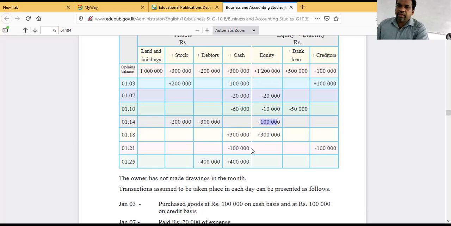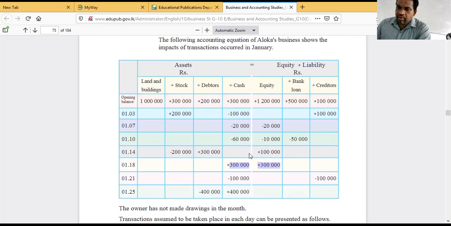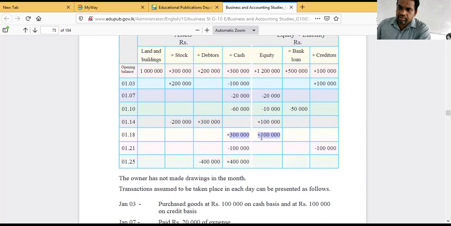There is no any additional capital introduced by the owner like that. Therefore, we can consider it as either income received by the business or additional capital introduced by the owner. Then we can mention the business has received sales income of 300,000 rupees.